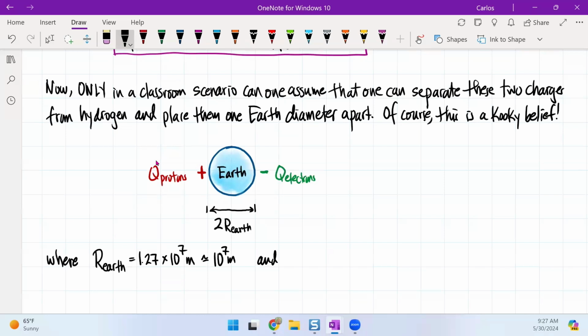And we have our strength constant k, which is equal to 1 over 4 pi epsilon naught, and this is 8.99 times 10 to the 9 newton meter squared per coulomb squared. I'm going to make that 10 to the 10 newton meter squared per coulomb squared.